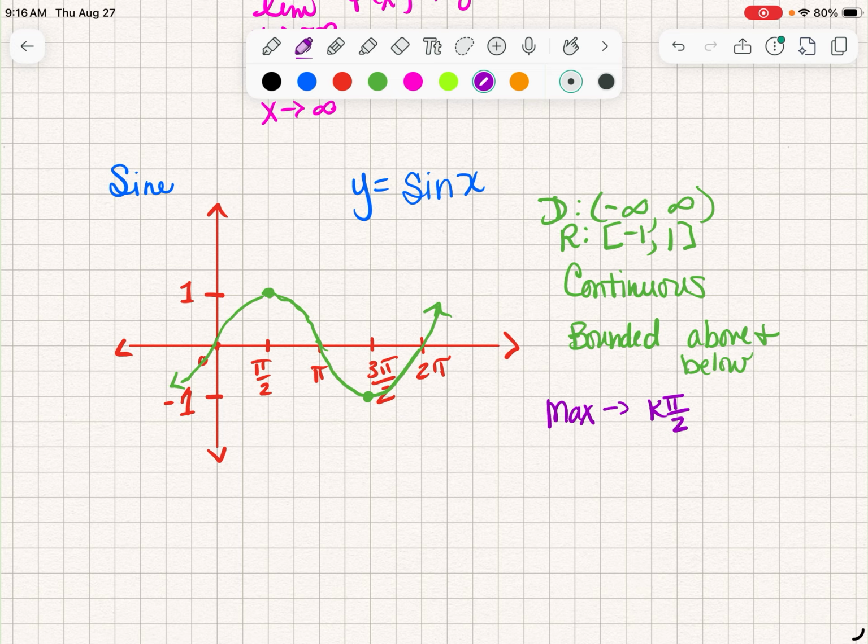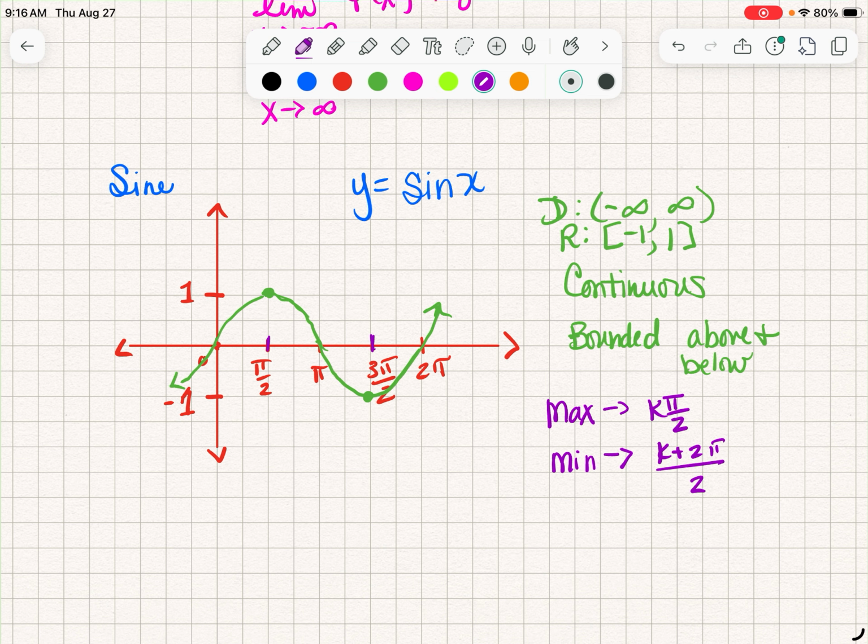Okay, so let's do that, because we could see here at a half. And then there are also mins at the same intervals, but at k, so let's stick with k, the k plus 2 pi halves.